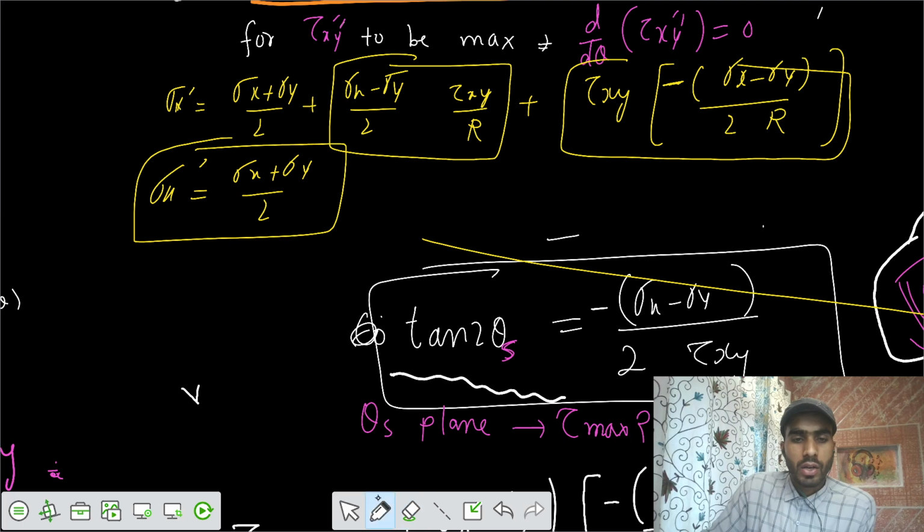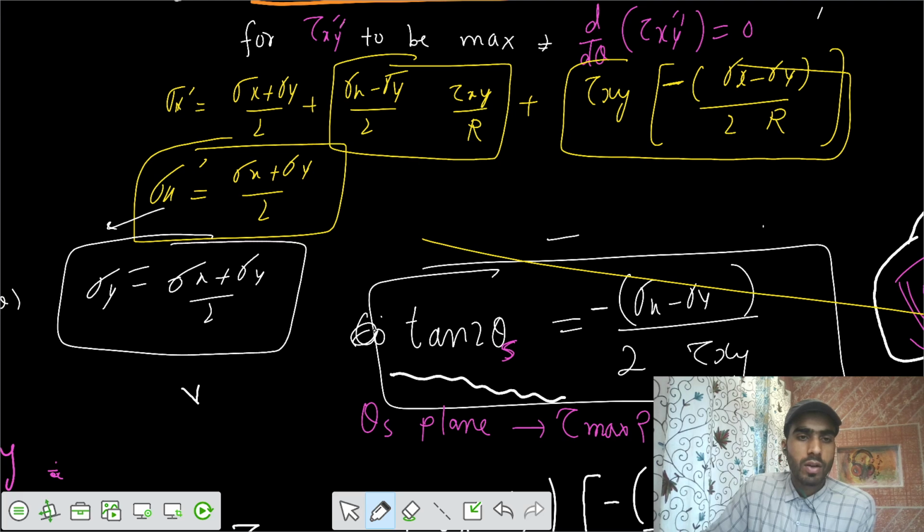Similarly, at 90 degrees to this plane you would get sigma y dash also equals (sigma x plus sigma y) by 2. That's the average of the two normal stresses acting on the plane.